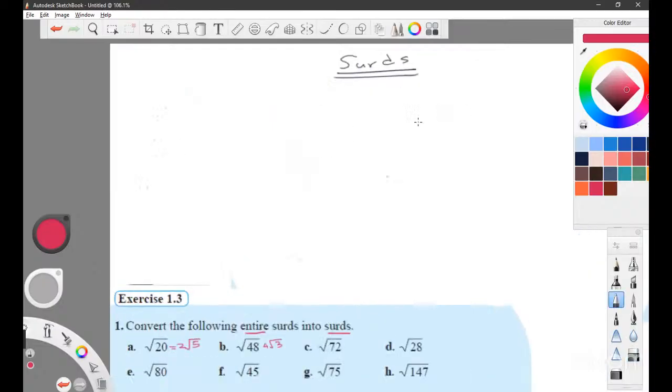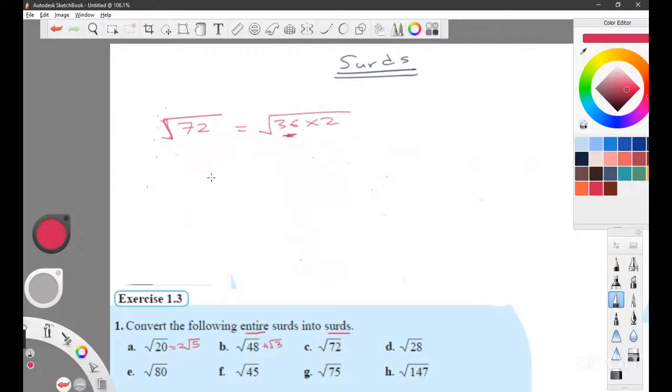Then what about root 72? To find these things, you can just divide this by 2 like that. When you divide by 2, you'll get 36. 36 is also a perfect square number, right?